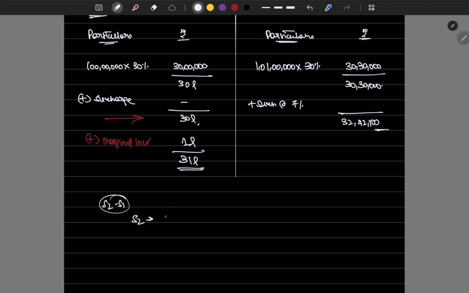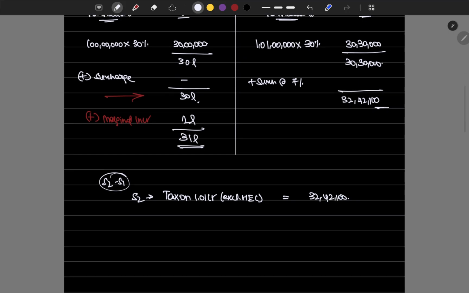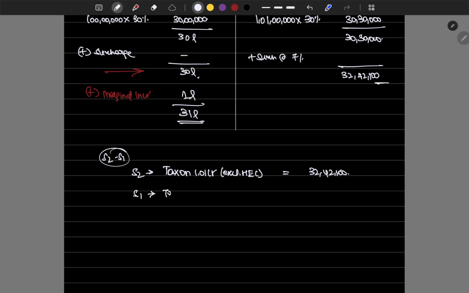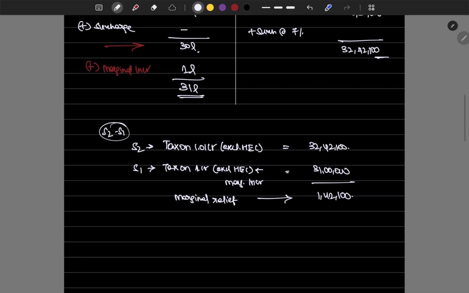Step 2 is tax on 1.01 crore excluding HEC, which is 32 lakh 42,100, minus step 1, which is tax on 1 crore excluding HEC plus marginal increase, which is 31 lakh. We got a positive figure: 32,42,100 minus 31 lakh, which is 1,42,100. So this will be our marginal relief, 1,42,100.